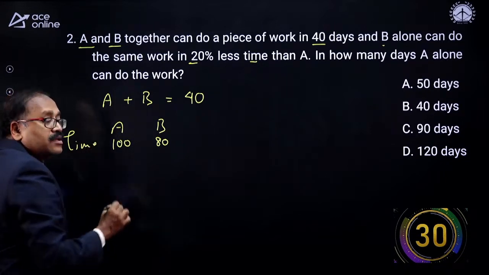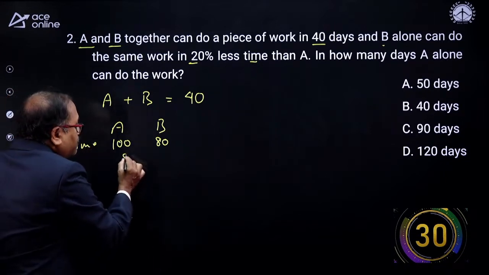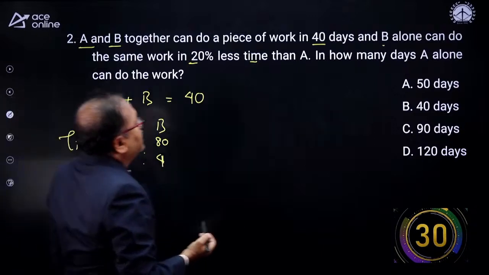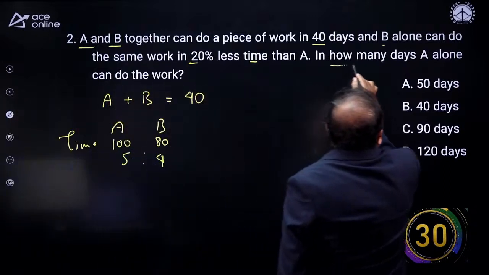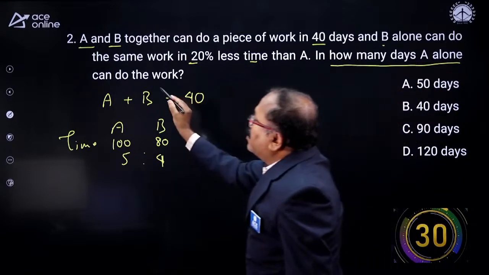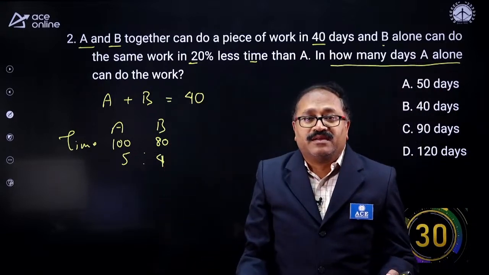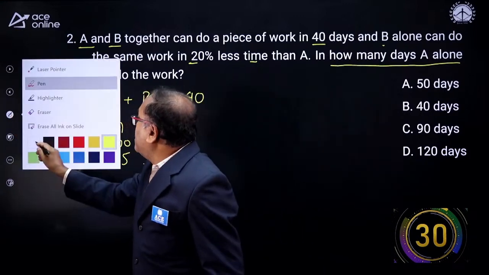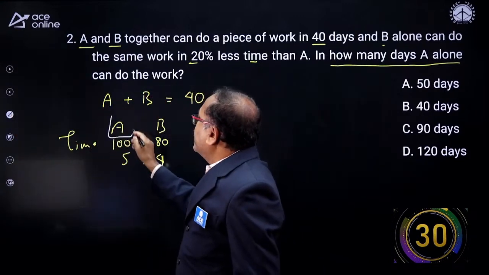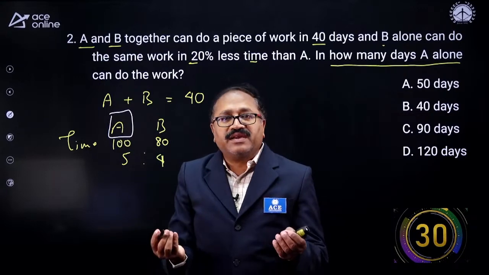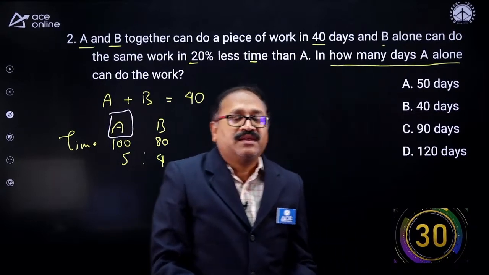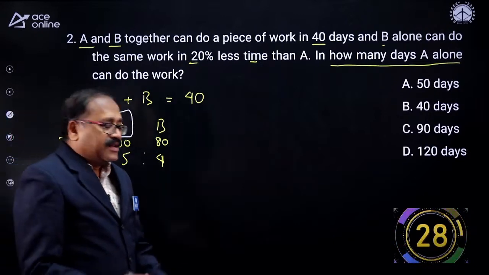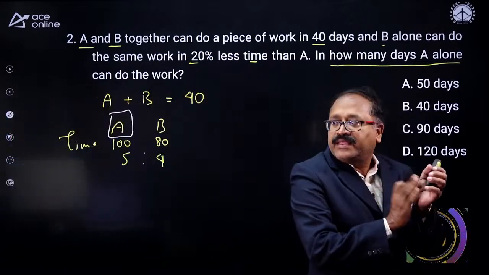So what is the time ratio? The time ratio is 5:4 given to us. Now, in how many days can A alone complete the work? Can you find it out? It's a very one line answer, and here your 30 seconds starts. Come on my friends, try this.